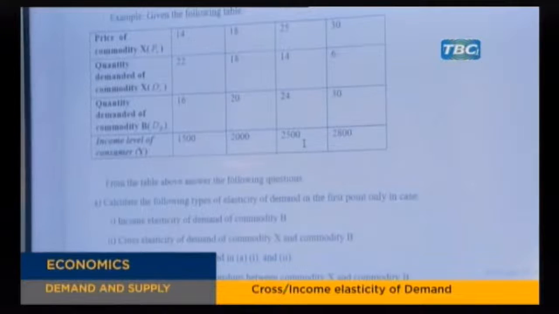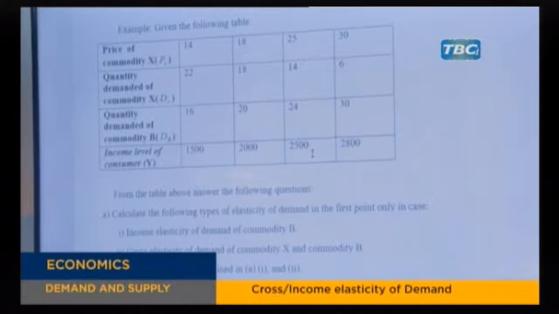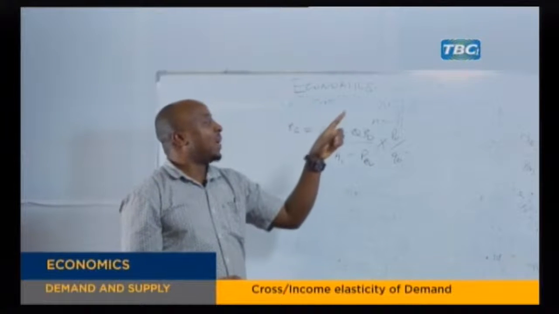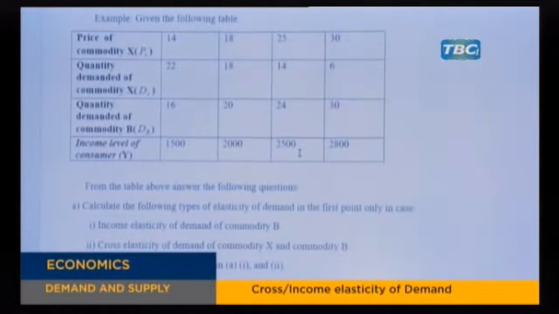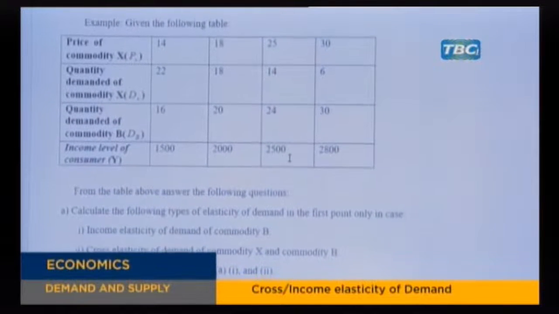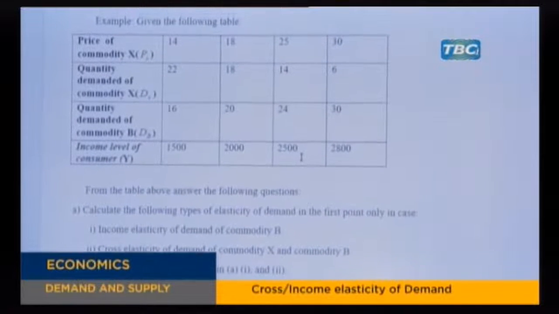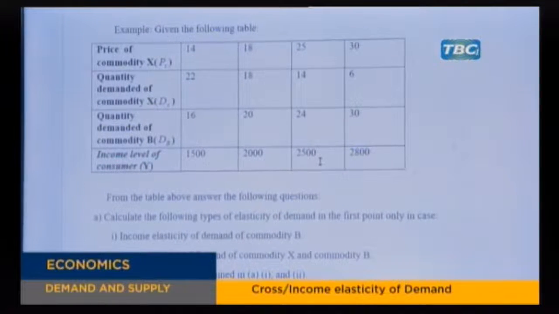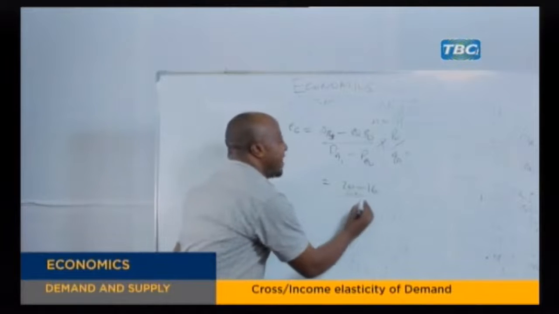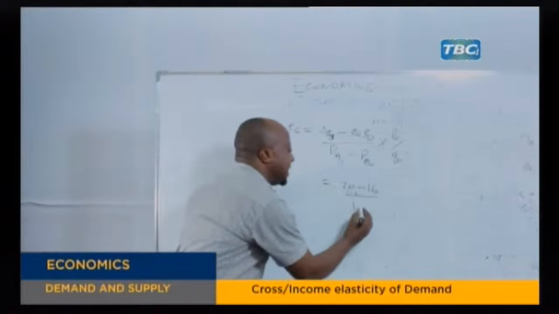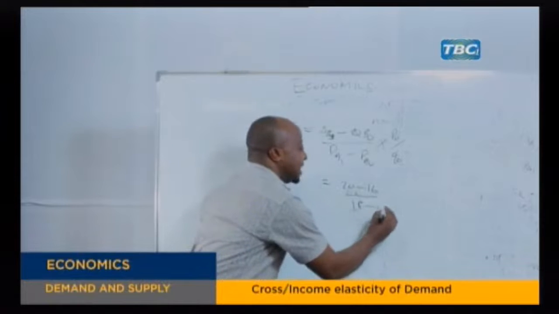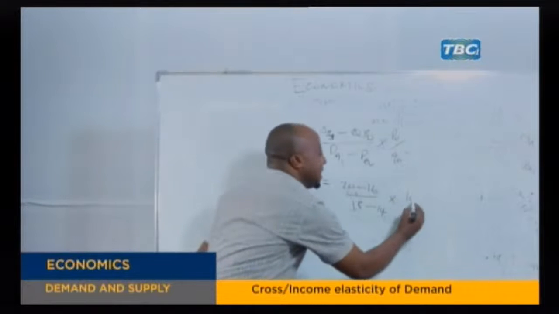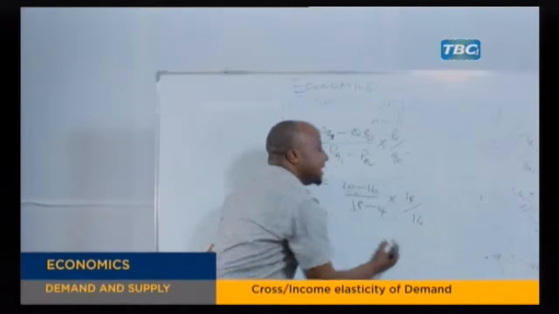Now from that table, you have to calculate the cross elasticity of demand between X and commodity B. From the table, we have been given the price of X, and you have demand for B. So for B we use quantities, and for X we use prices. For the first point, quantities are 20 minus 16, divided by prices, 18 minus 14, then times the original price and quantity, which is 14 over 16.